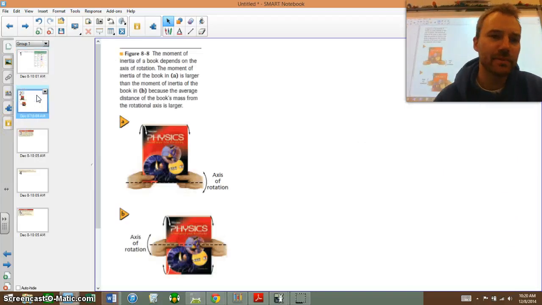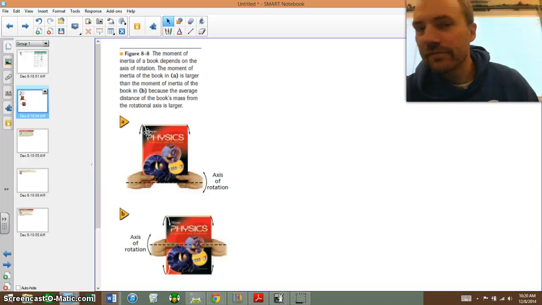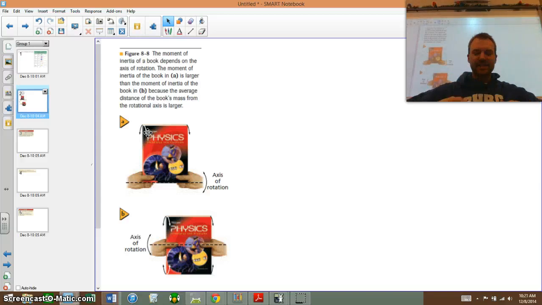And your book has an example here. It talks about using your physics book. Like if you were to spin this thing, I don't have a physics book, but I do have, well, spinning it like this is a lot harder to do than spinning it like that. Even though the mass is the same, it's really easy to do this compared to doing that.